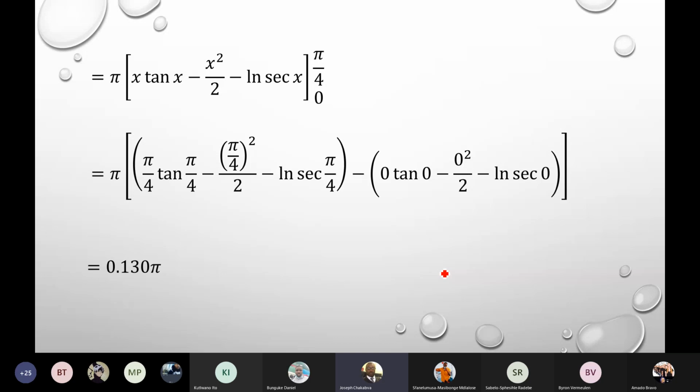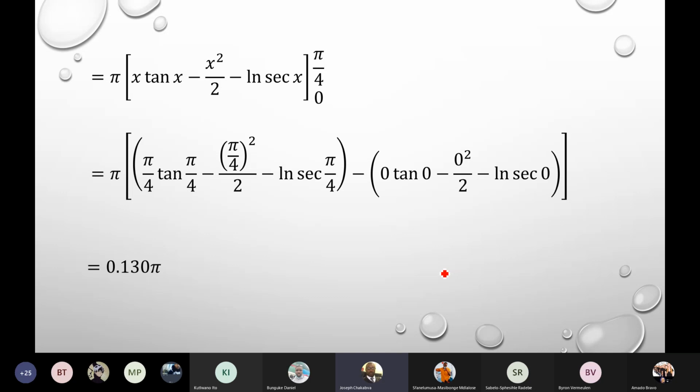Many times, if it was possible, I would just show you x tan squared, then go straight to the answer 0.13 pi, because I would want you to practice integration by parts, but it's fine. I've shown you all the working there, but I know you guys should be practicing it by yourself as well. Any questions? This is volume moment.